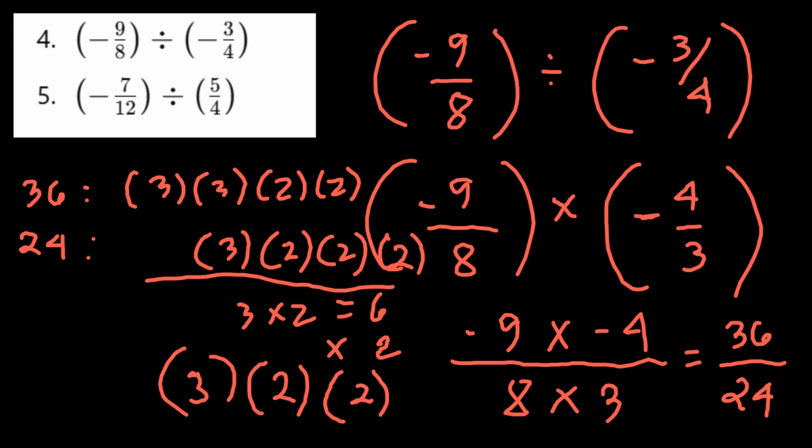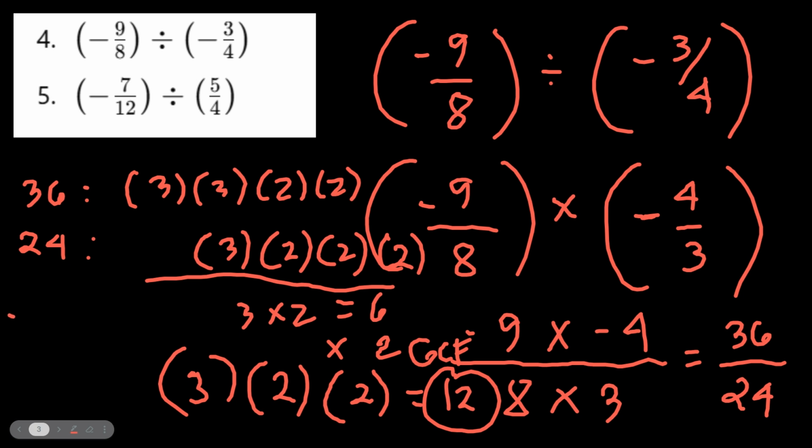So if I multiply all of these, 3 times 2 is 6, times 2 is 12. That means our GCF for this one is actually 12.